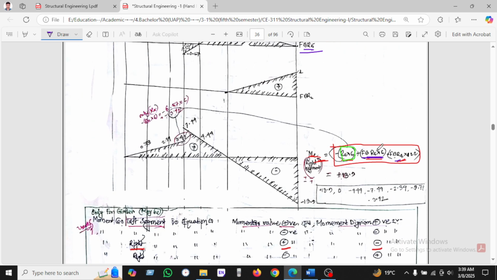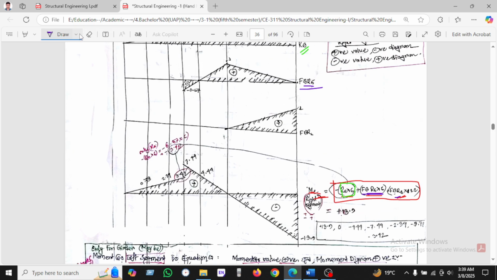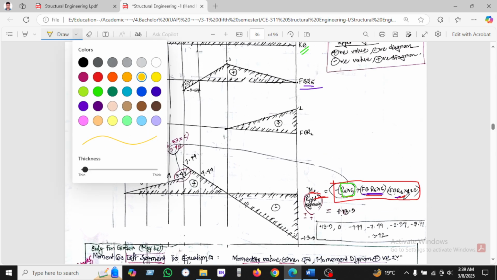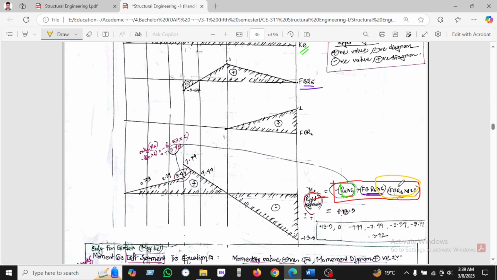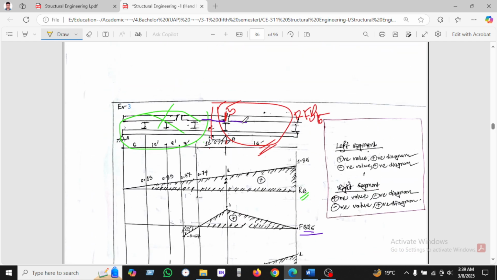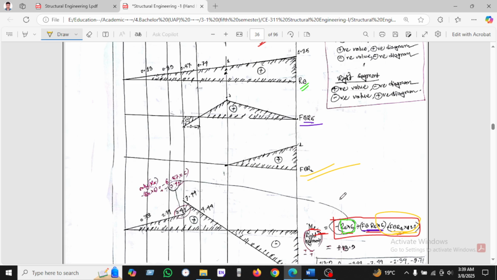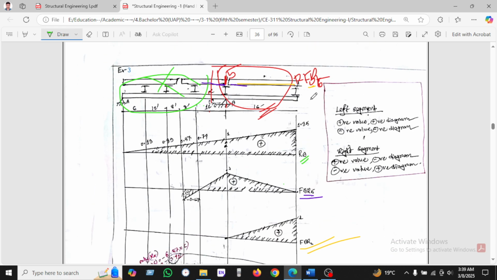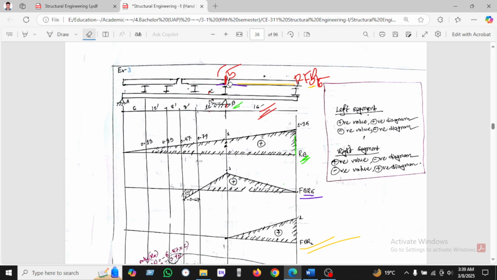And the last one we have to draw is the floor beam 6. This is the floor beam 6 only. So let's draw at first RB 6. This is the point of RB. I'm just erasing all things.